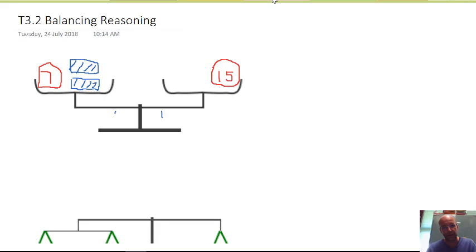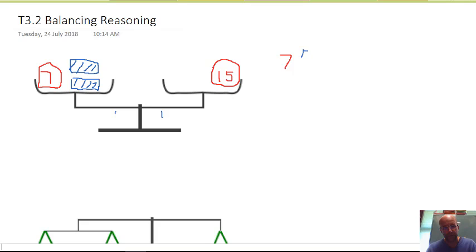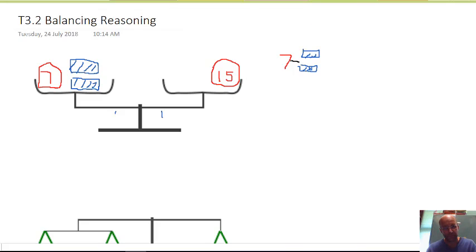So what we essentially have is two things that are equal. We have 7, and we have, look at the color, two rectangles, and they're added together, and they equal, on the right, 15.